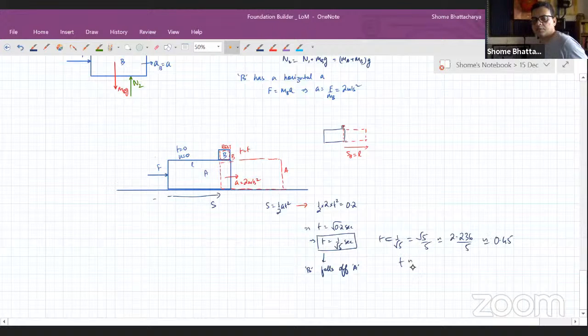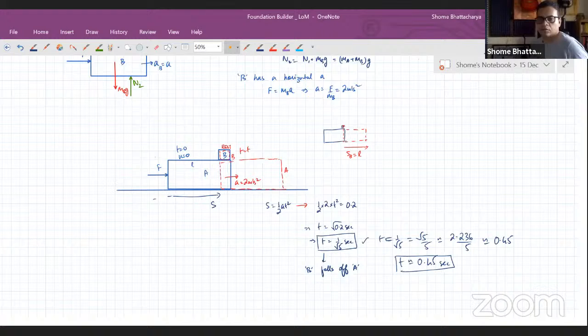So the time is 0.45 seconds, or more accurately it is 1 by root 5. Okay, let's move on to question 12.